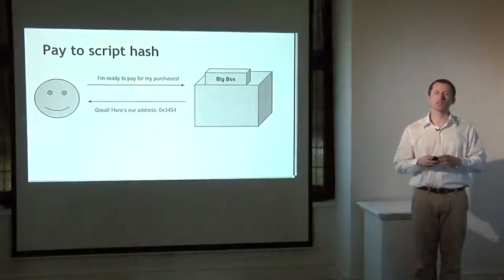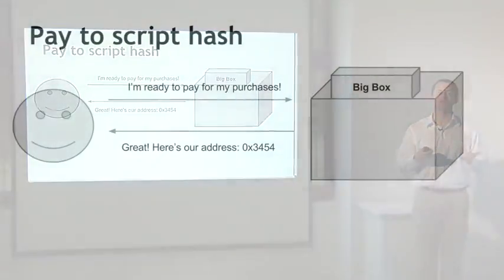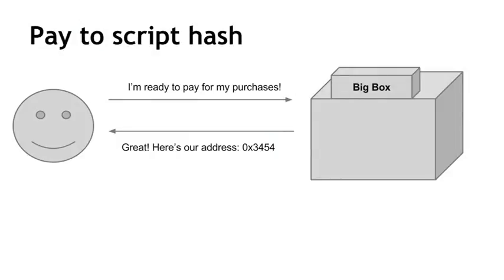It removes complexity from the sender, so the recipient can just specify a hash that the sender sends money to. And it actually has a nice efficiency gain, as we'll talk about later, since miners have to track the set of output scripts that haven't been redeemed yet. The output scripts are now as small as possible with pay-to-script hash, because they just specify a hash, and all of the complexity is pushed to the input scripts.